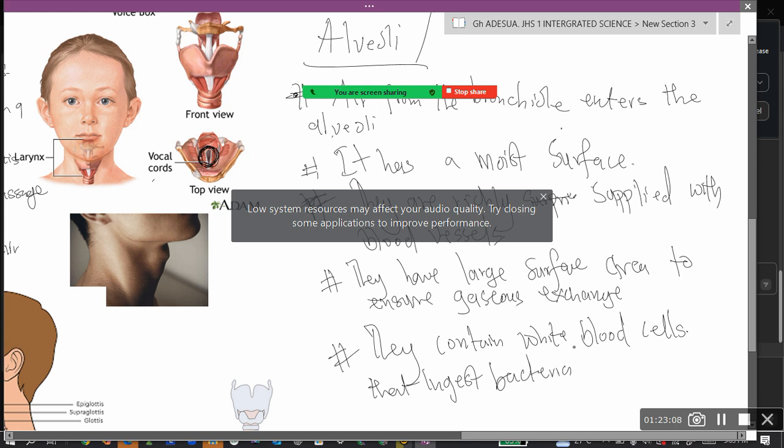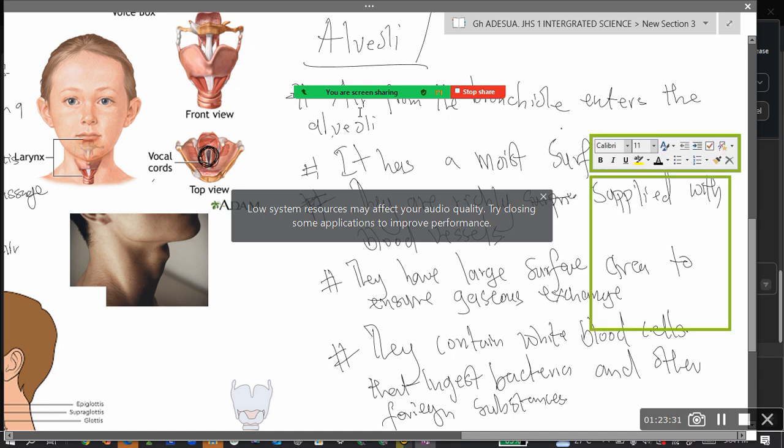When we say ingest bacteria, like eat the bacteria up, and other foreign substances. So that is the alveoli for you.